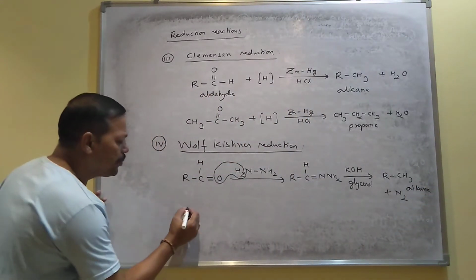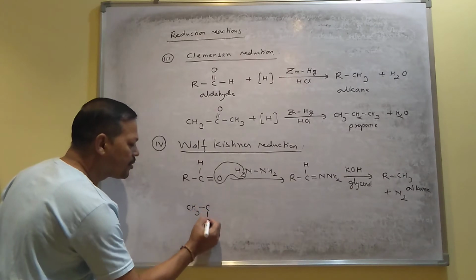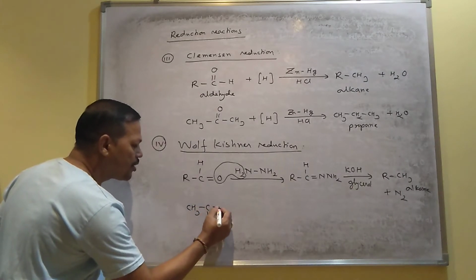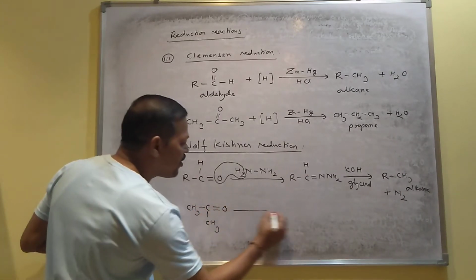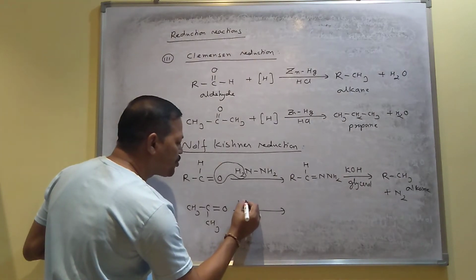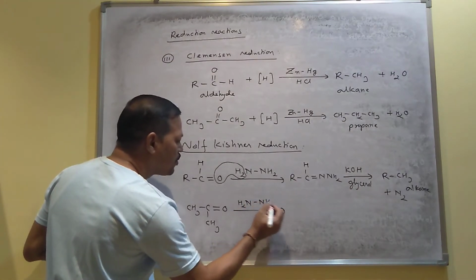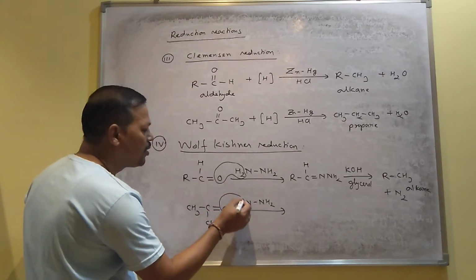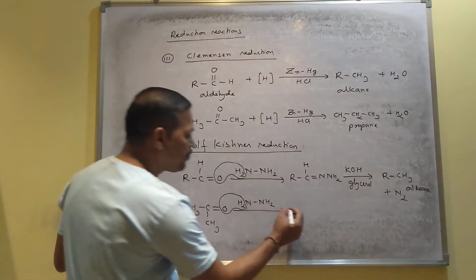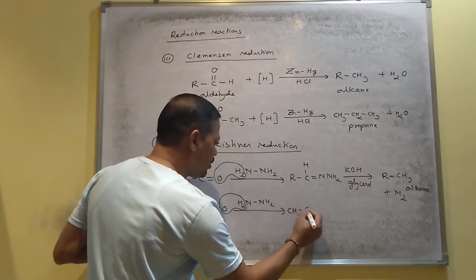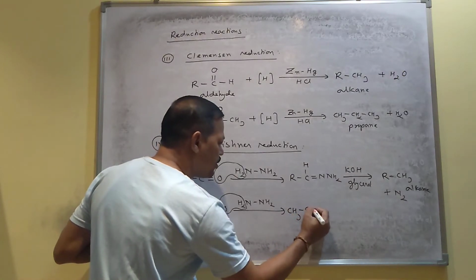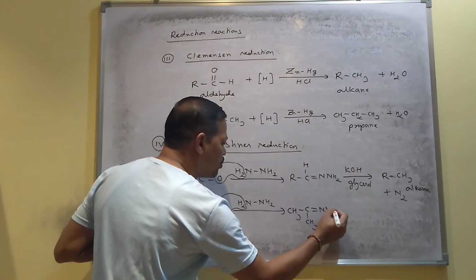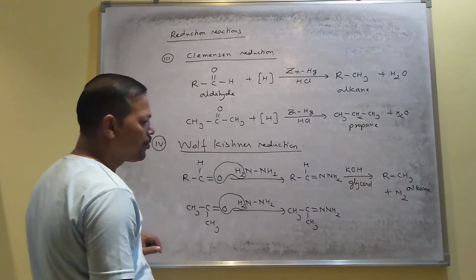Similarly, if you take some ketone like this, suppose you have taken propanone, first you apply the hydrazine NH2NH2, then hydrogen combines with oxygen to produce water. Water will be removed and this part will combine with each other, double bond N NH2, which is called hydrazone.